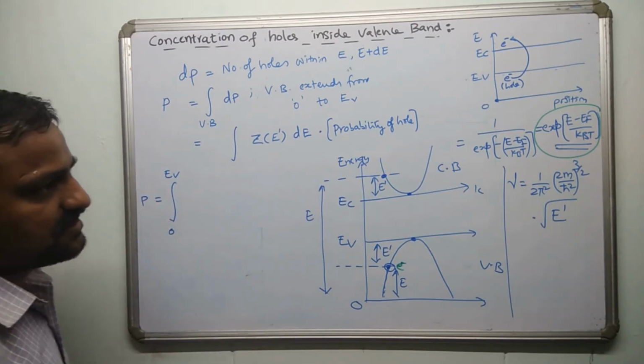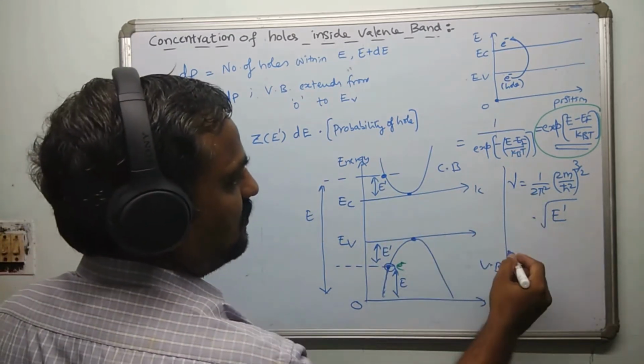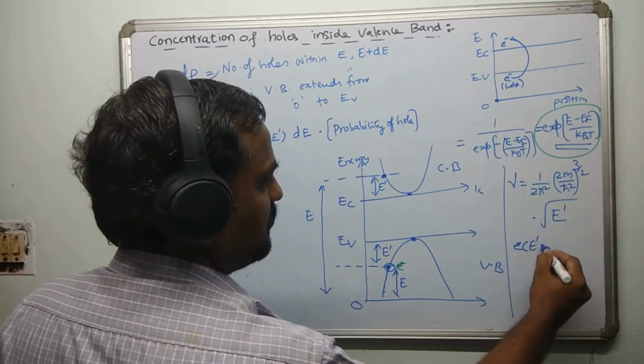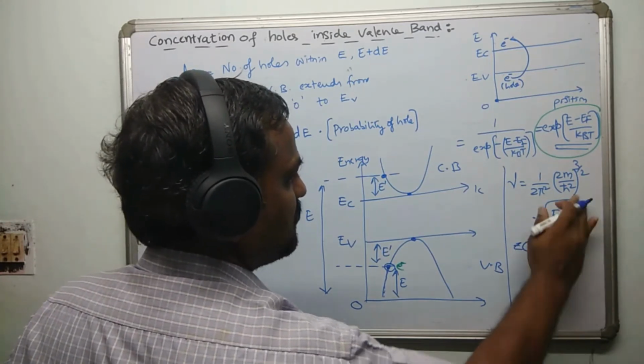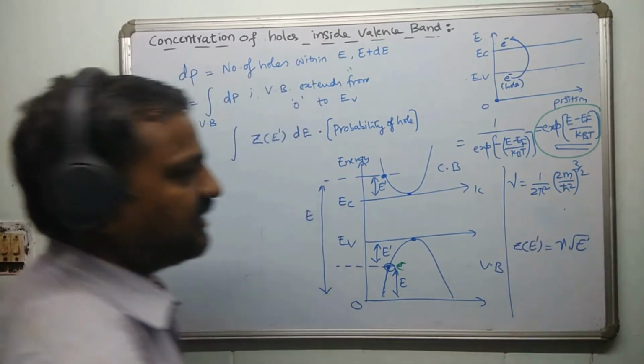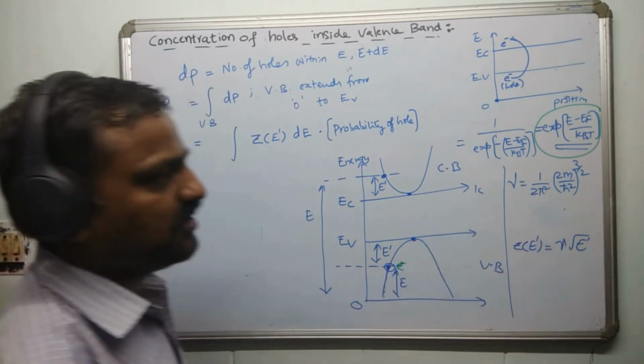Z of E dash is already the density of states. Let me write it here. Z of E dash is nothing but gamma times root E dash, so this is the constant. Gamma we are taking as 1 by 2 pi square times 2m by h cross square.